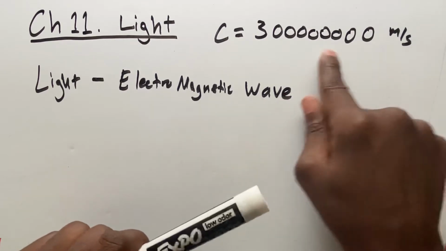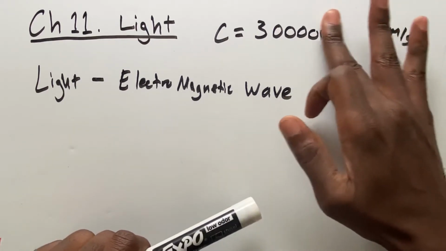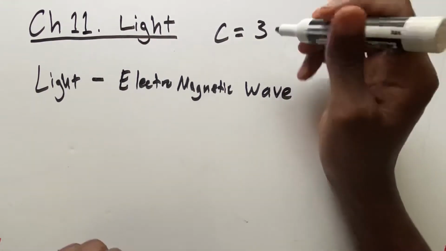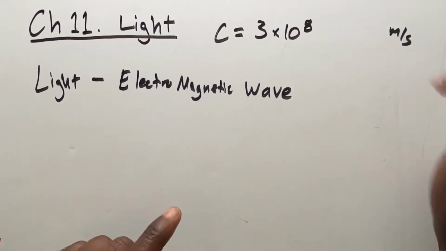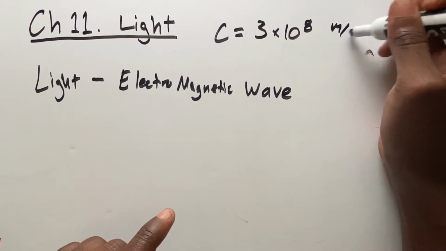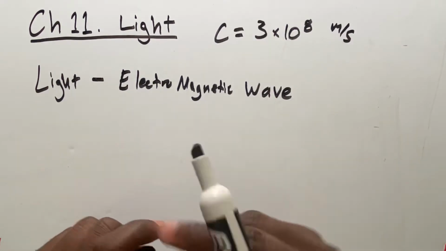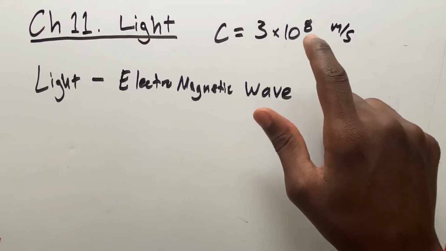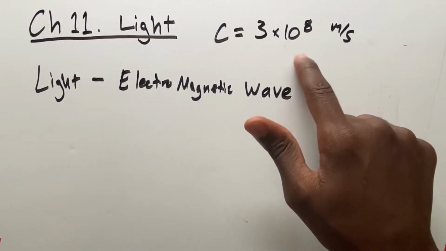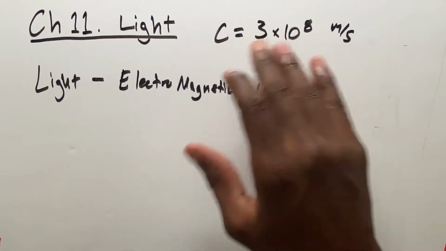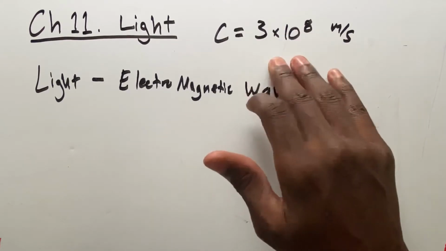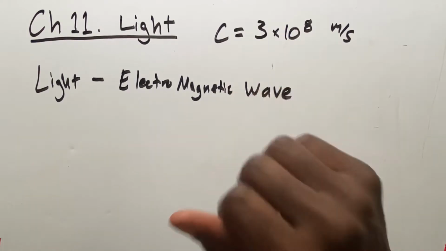And we can basically abbreviate this by just saying, well, it's 3 times 10 to the 8 meters per second. Speed of light, basically only light can go at this speed. Nothing can go any faster than this. This is basically the speed limit of the whole universe. Nothing can go faster than this speed here.